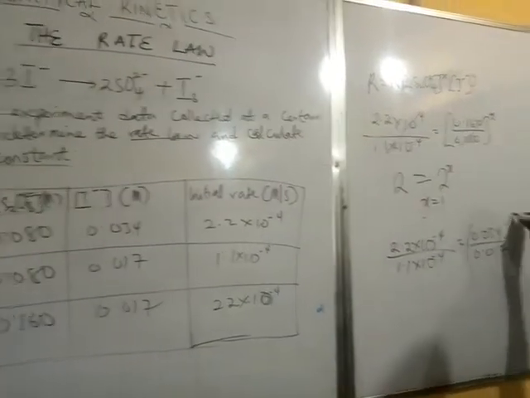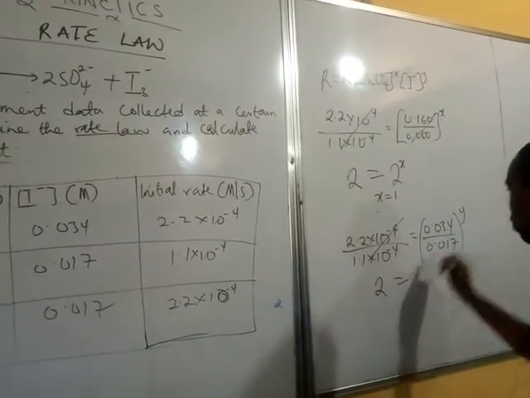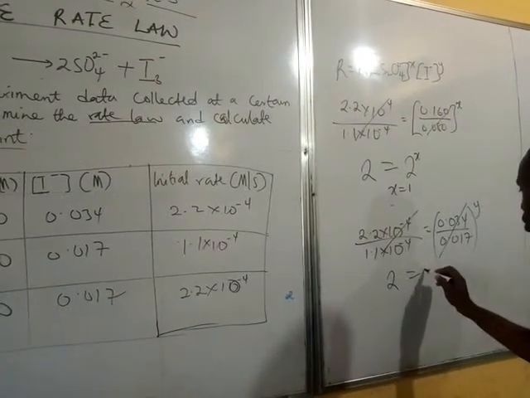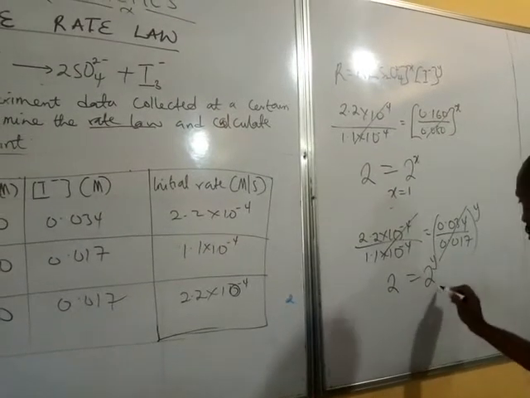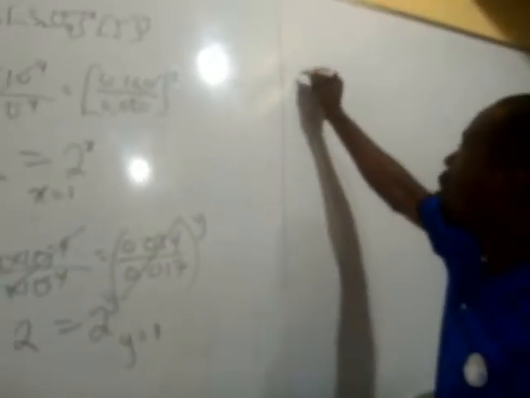So when you divide here, you get 2, you divide here, you get 2 raised to power x, and x again is 1.